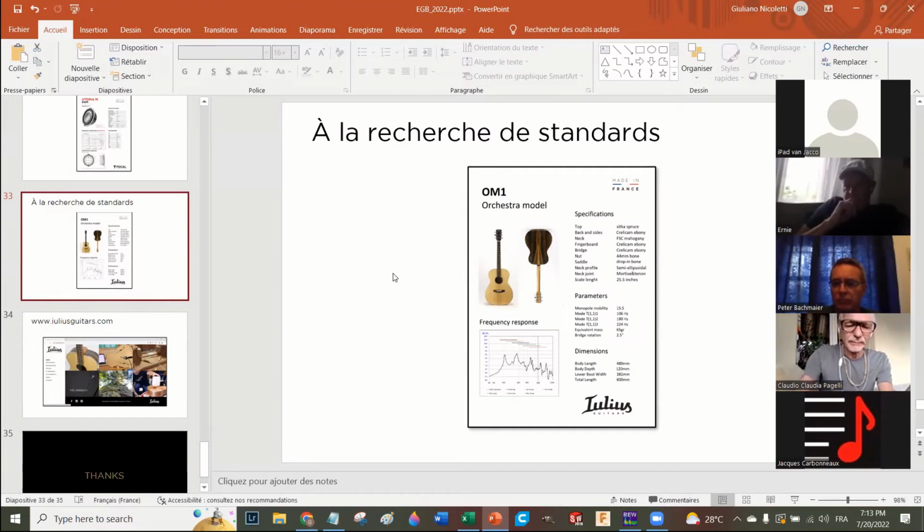Once you begin to make measurements, you understand that each time there are slight differences. Sometimes you have a very clear peak. Sometimes you see that the peak is split and there are smaller resonances.